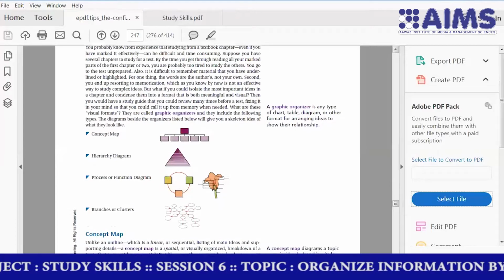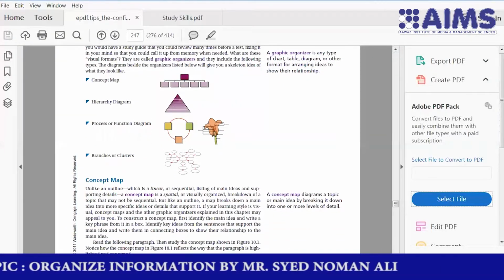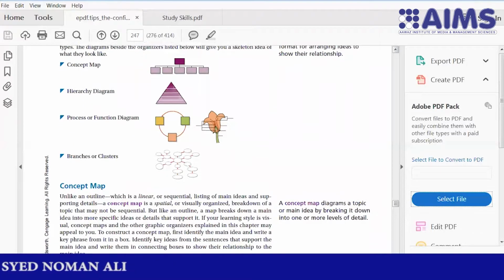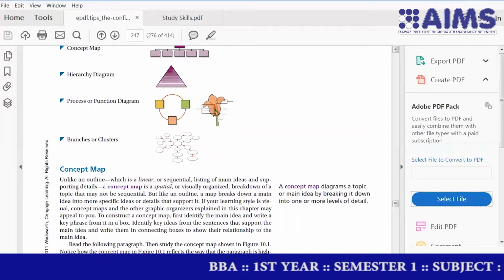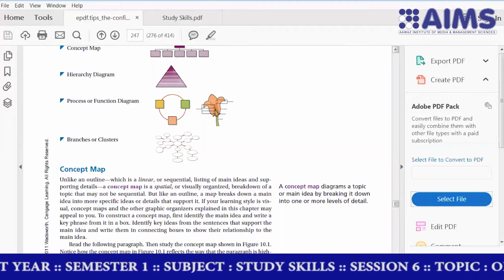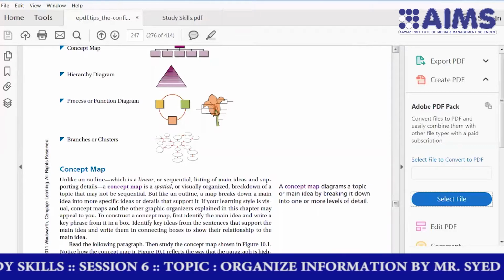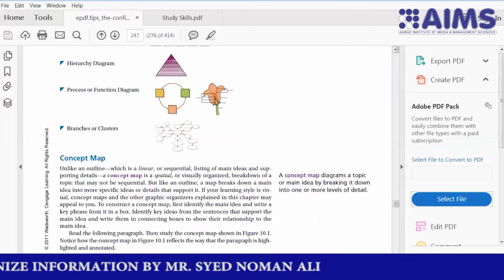So we click on the first one, the concept map. A concept map is a type of diagram where the main idea is broken down into smaller concepts. The main key idea is there, and the subdivisions and subclassifications are divided within it.